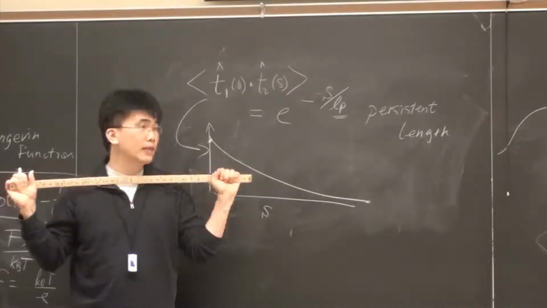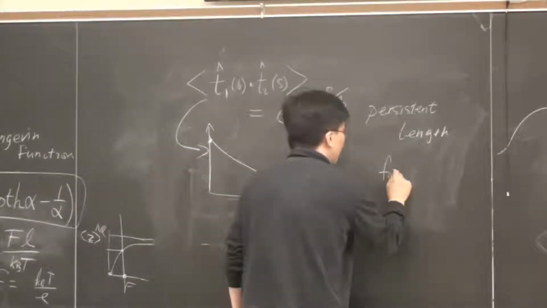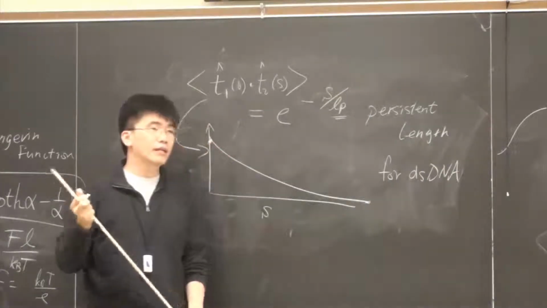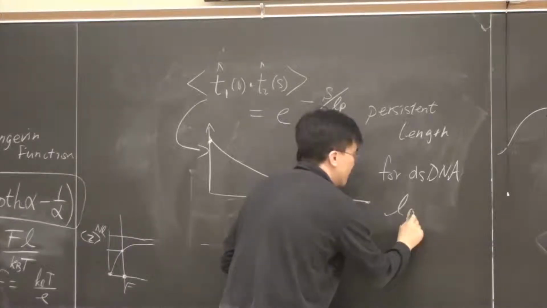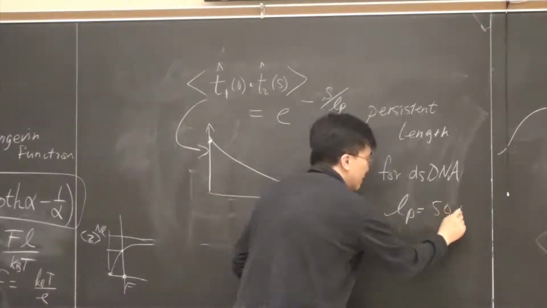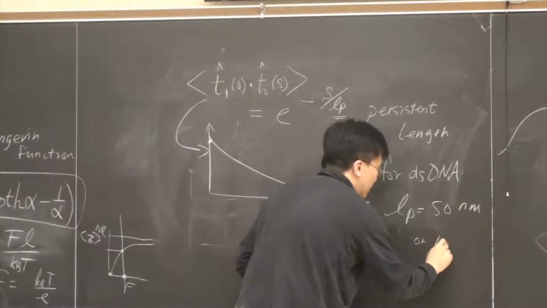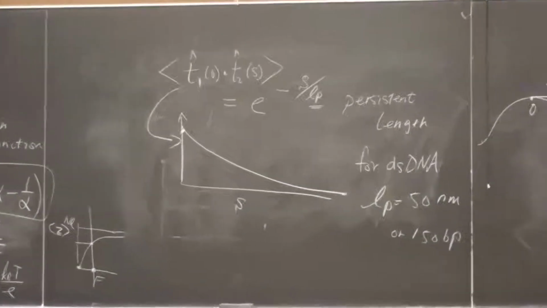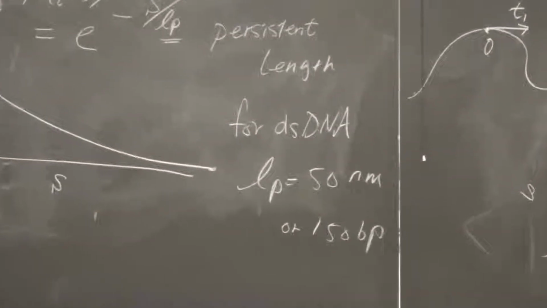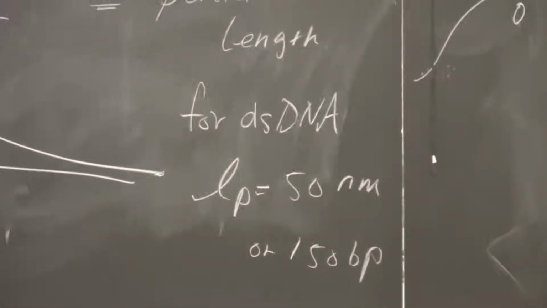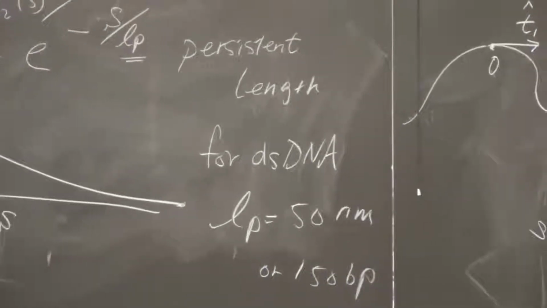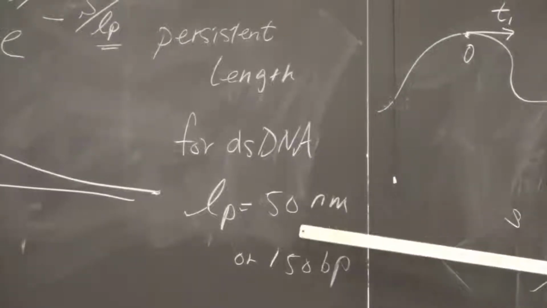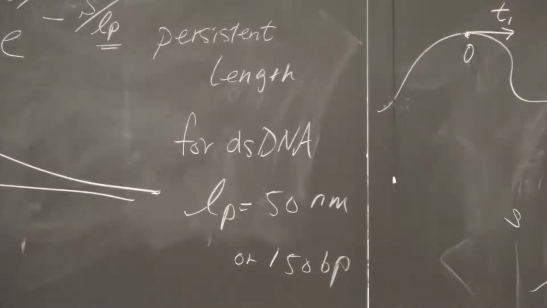Okay? Now, for double-stranded DNA, persistence length is and notice that this length is like half as long as the contour length.